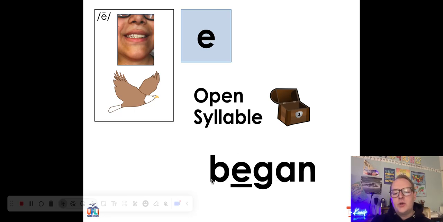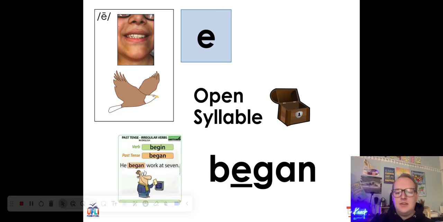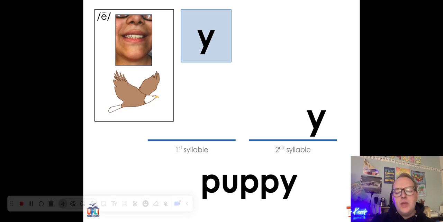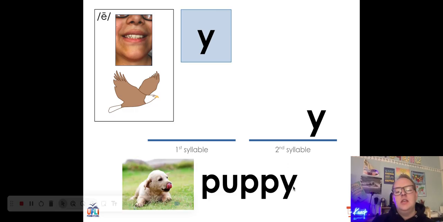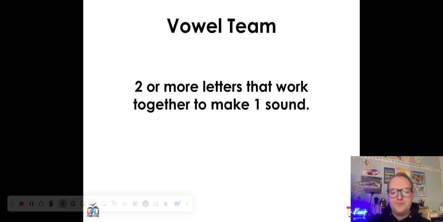So, for example, in this word began, the first syllable is be. So that E is that long vowel sound because it's the last letter of that syllable. So E, began. Good. And then we also learned that Y can spell E at the end of a multisyllabic word, like in this word puppy. Do you hear the E sound at the end of puppy? That happens because that Y is at the end of a multisyllabic word.